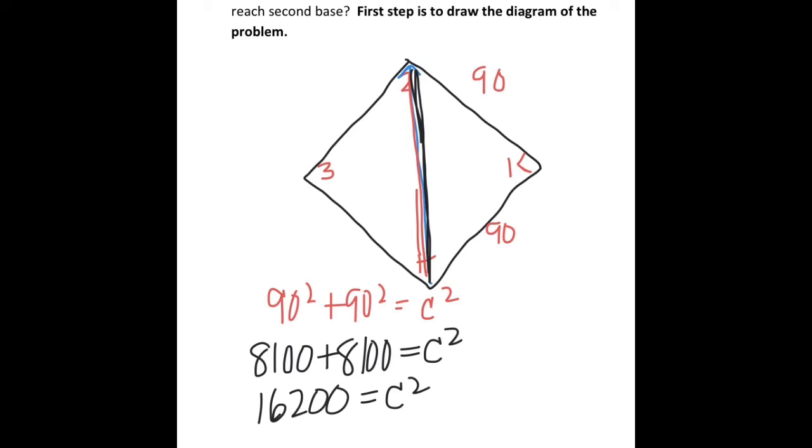So the square root of 16,200 is about, to the nearest tenth, 127.3, because it's 127.27. So it's about 127.3 feet for that catcher to throw the ball from home plate to second base.